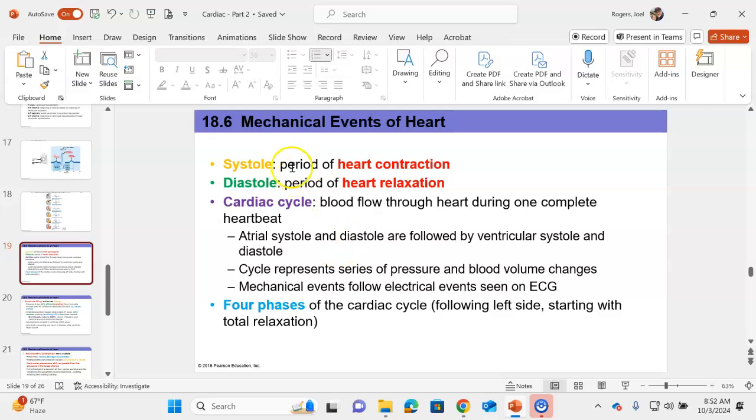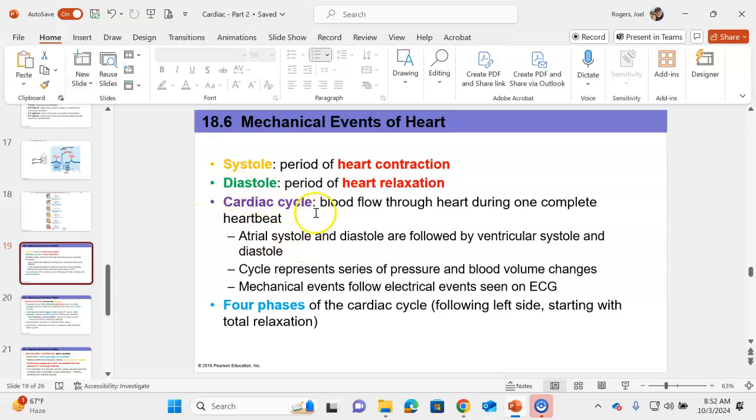So whenever we talk about systole and systolic pressure, we're really focusing on what the ventricles are doing. The same thing with diastole: it is the period of time that the ventricles specifically are relaxing. So systole and diastole are not referring necessarily to actions, but periods of time, referring to contraction and relaxation of the ventricles.